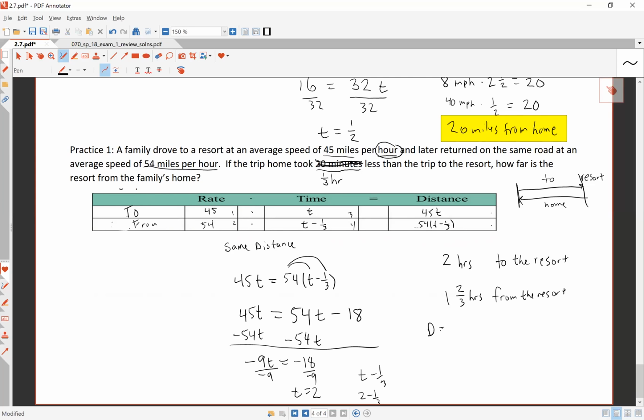And so the distances are 45 times T, which is 45 times 2, 90 miles, or 54 times T minus 1/3, which is 54 times 1 2/3, which is 5/3. All right, so it's checked out that it's 90 miles from the family's home.